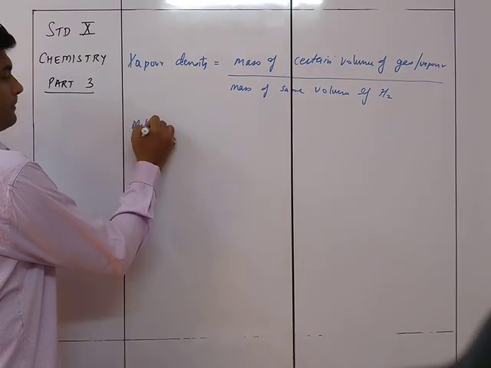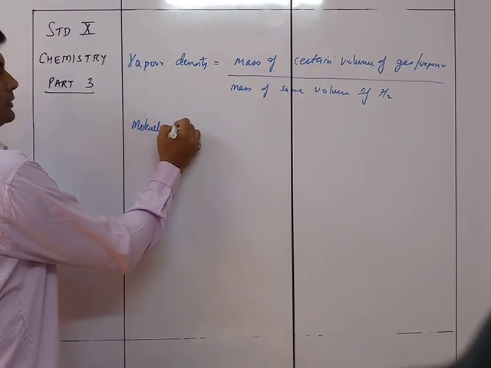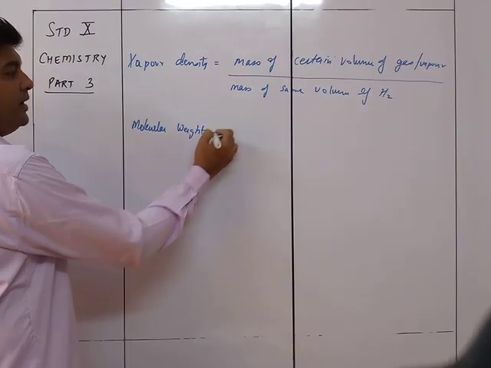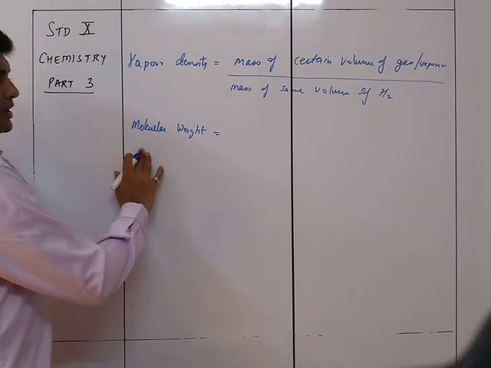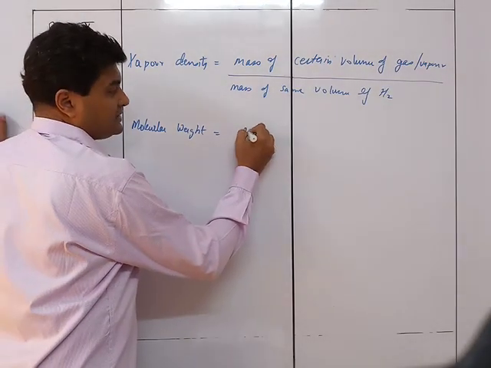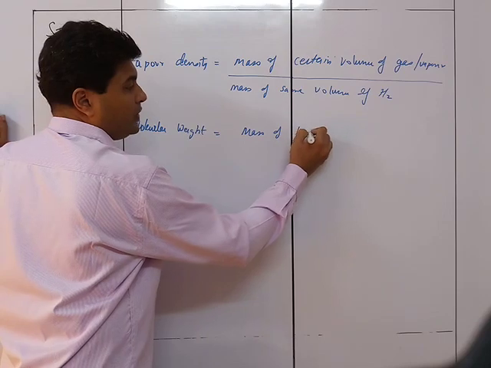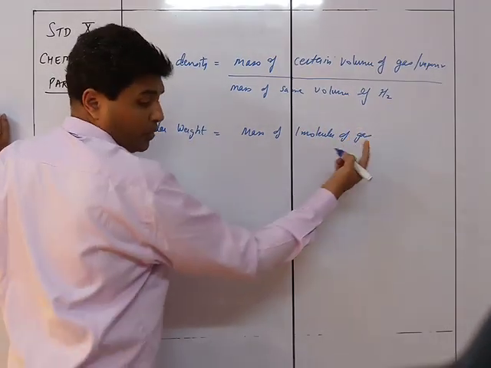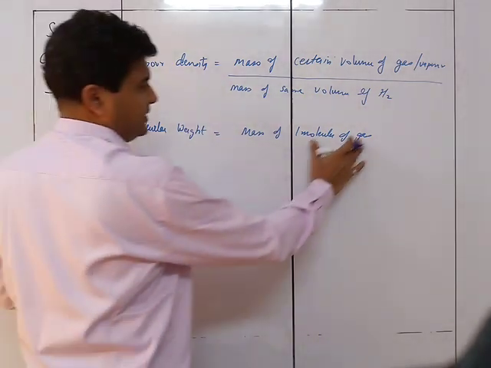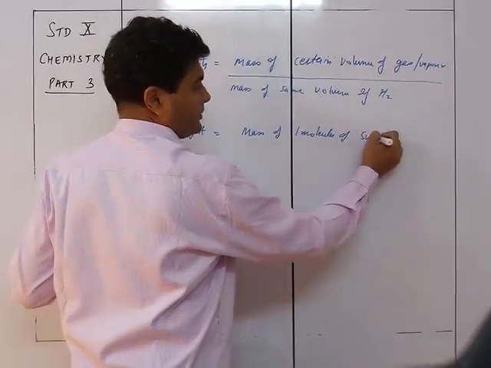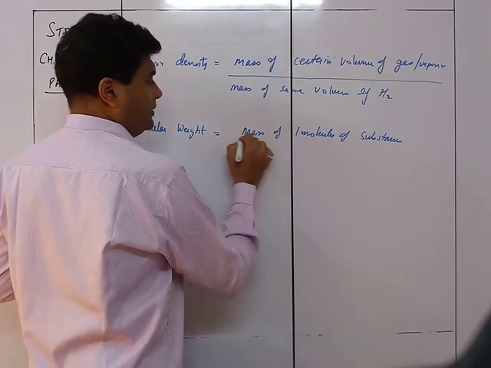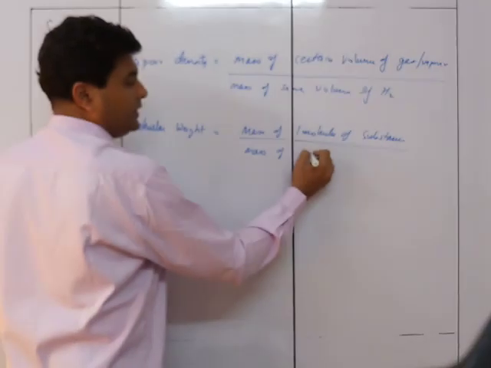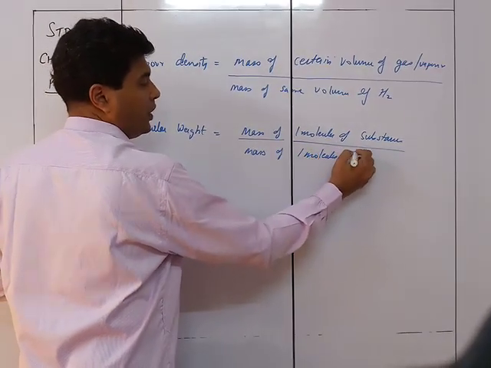Molecular weight, molecular mass also works, weight also works. So it's the same thing. We are not in physics where mass and weight are different. So molecular weight is equal to the mass of one molecule of gas or vapor or substance, we can just say substance, upon the mass of one molecule of hydrogen.